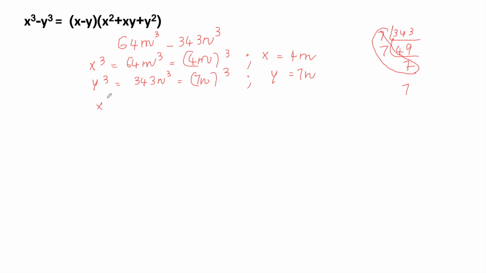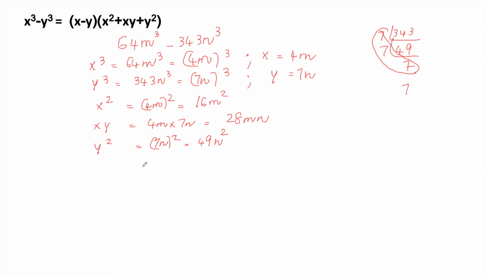So x square we can find for this step. X square is 4m square, that is 16m square. And what is the xy here? 4m into 7n, that is 28mn. And what is y square here? 7n the whole square, that is 49n square. So everything we got. So just substitute.